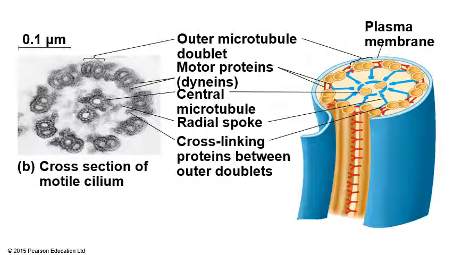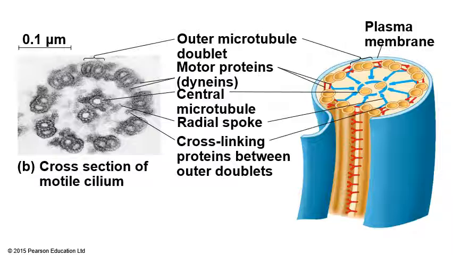After grabbing with the dynein arm, they push downside or upside on the next doublet. When they coordinate their motion, one dynein arm grabs the next doublet and pushes down, and the next dynein arm grabs the next one and pushes down, down, down.